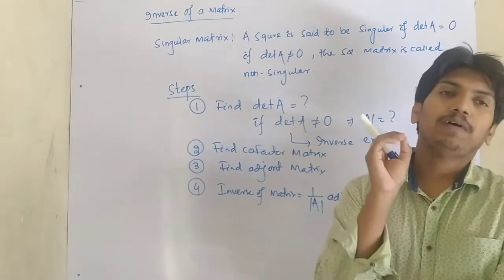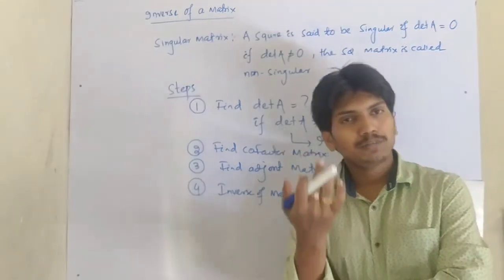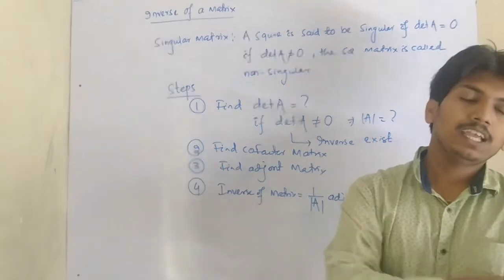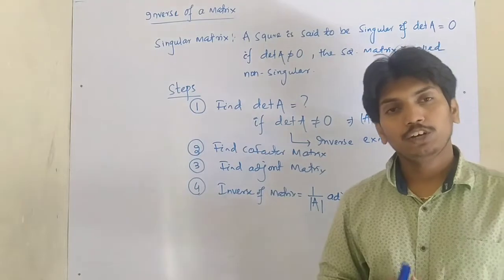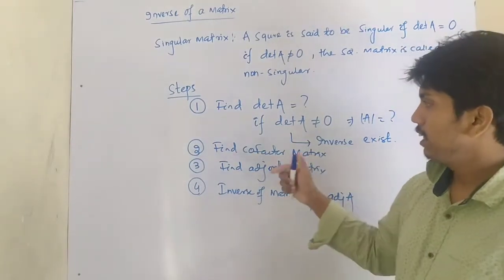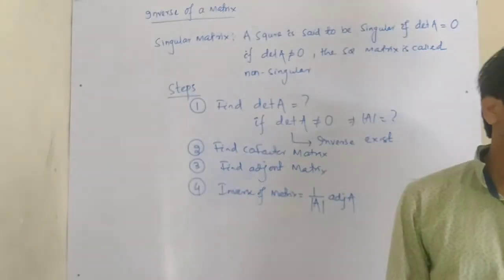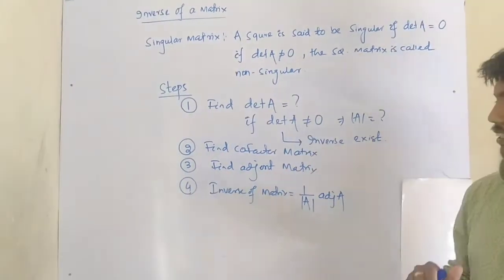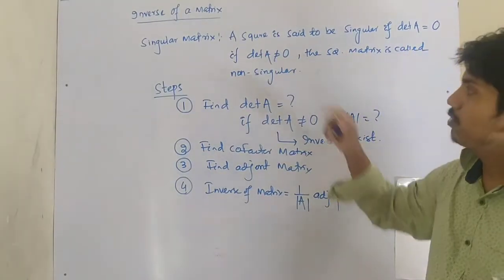You cannot find the inverse of a singular matrix. Number 2, if the determinant value is not equal to 0, that means the matrix is a non-singular matrix.